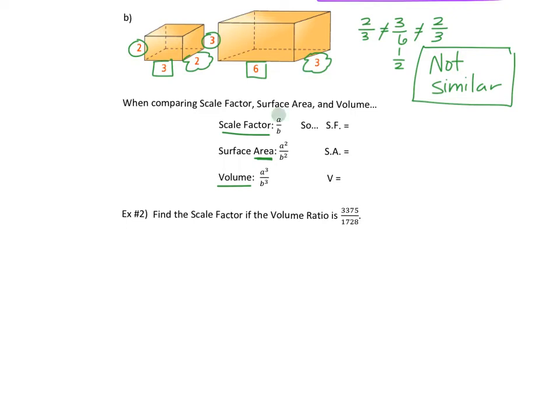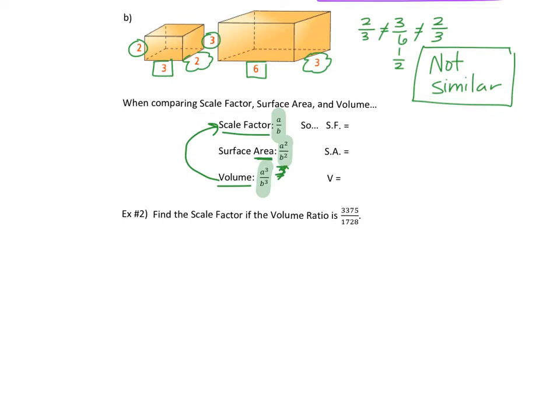If your scale factor is A to B, then your surface area takes those two and squares them both. And your volume takes those two, not these two. You take these numbers. So you take your scale factor and you cube the scale factor. And you get A cubed over B cubed.